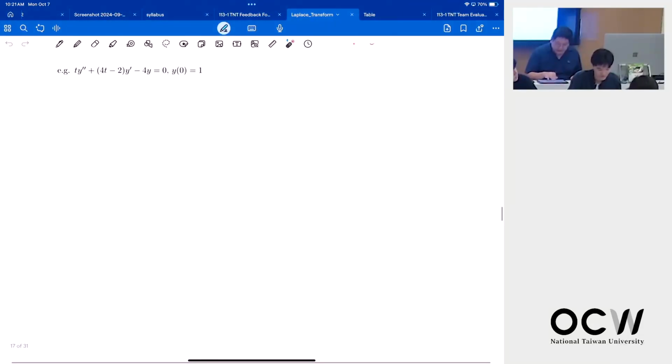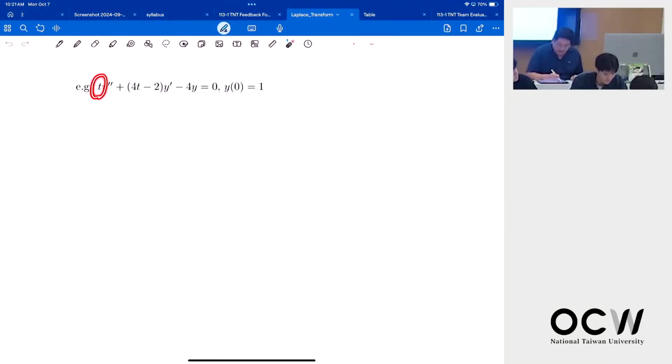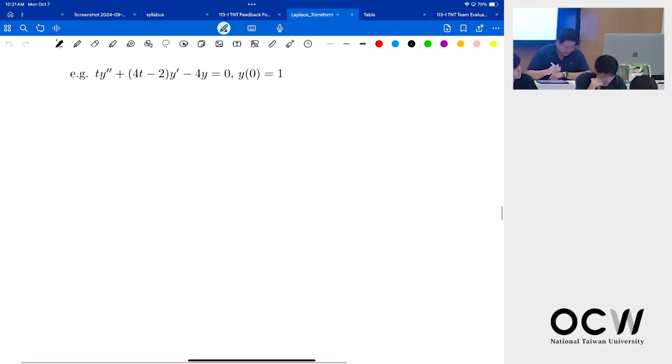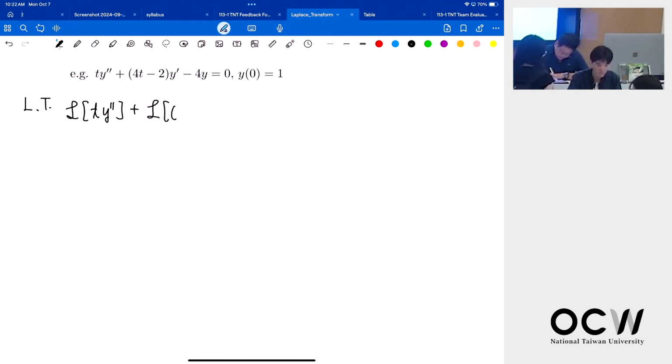Let's see this example. If I multiply by t, I will expect in the Laplace domain a derivative of that y. So if I want to use the Laplace transform to find the solution, by the Laplace transform, I take t y double prime and the second term, 4t minus 2 y prime.